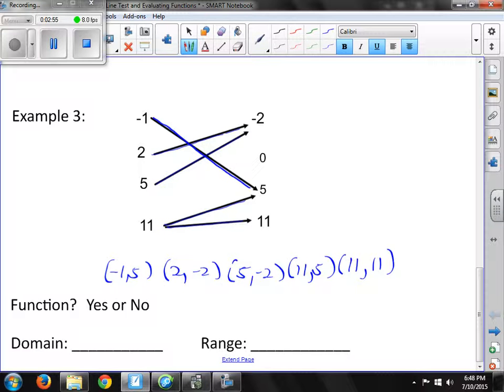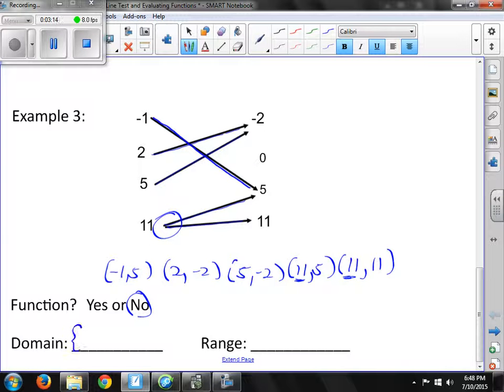There's 2 arrows coming out of this, and that's your signal that that's not going to be a function because we are repeating x values. 11 is repeated. This is not a function. We have repeated 2 x values.